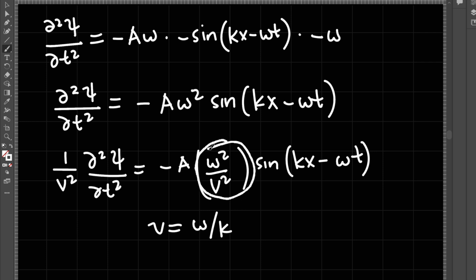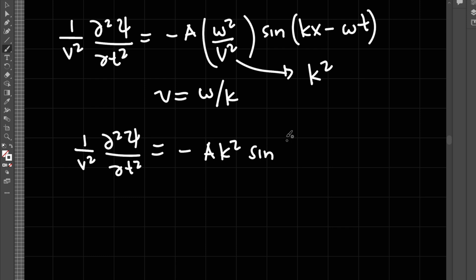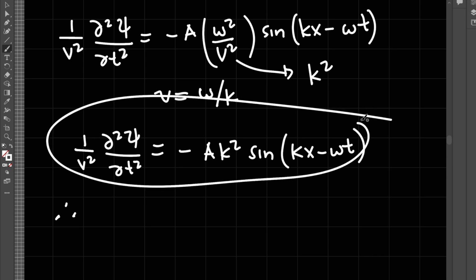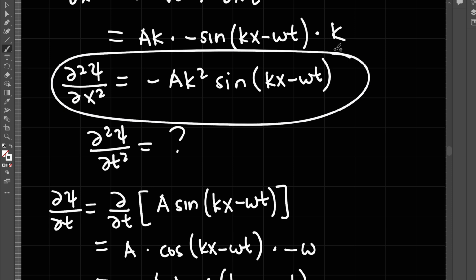Therefore, this factor is also equivalent to k squared. So 1 over v squared times the second order partial of psi with respect to time is equal to negative A k squared sine kx minus omega t. If we compare this with this one, they are equal.